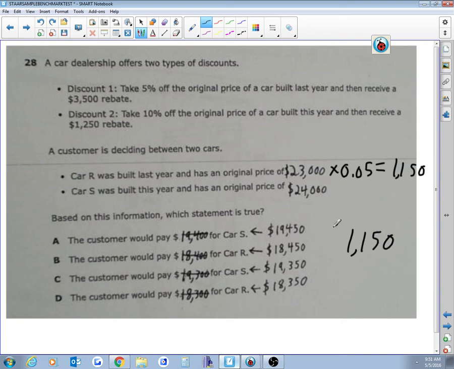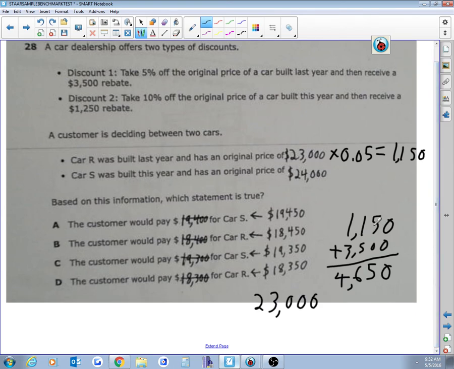Okay, so $1,150, that's the 5% off, but you also get a $3,500 rebate. So the total amount of discount for discount 1 for car R is going to be $4,650. So now the original price is $23,000 before the discount. Our 5% discount is $1,150 plus the rebate, $3,500 gives us our total discount.